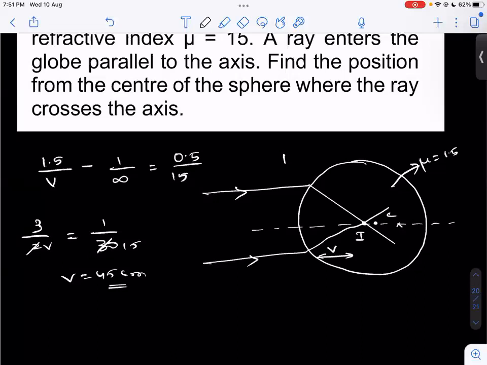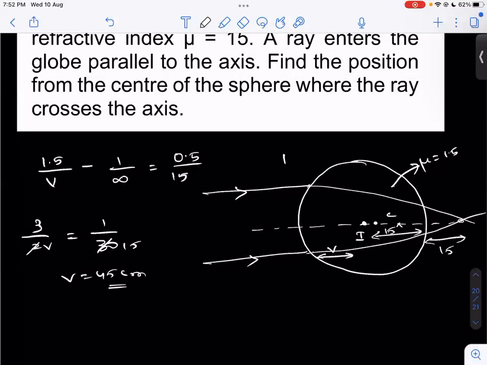Now, where is it? It is not happening within the sphere. It is happening on this side. So from the center, how much is this distance? This is already 15. This is how much? This is also 15. So the answer will be 30. Let me check what is the value.